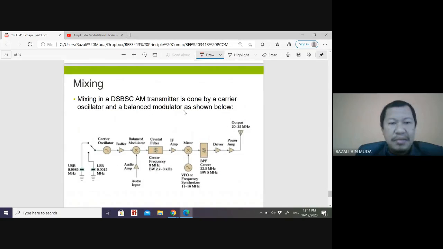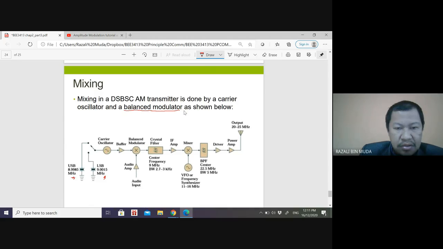Mixing in the double sideband suppressed carrier AM transmitter is done by a carrier oscillator and a balanced modulator as shown below. So here is the balanced modulator. Now you have the upper sideband at 8.9 megahertz and the lower sideband at 9 megahertz.